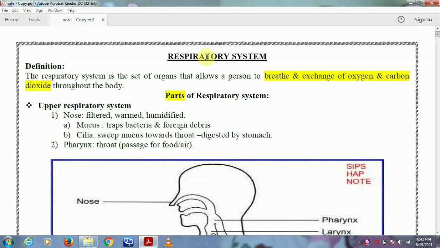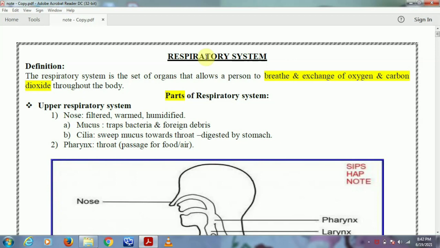A question comes: name the gaseous exchange process. Mainly in the respiratory system, oxygen and carbon dioxide are exchanged throughout the body. So one question comes from the definition part: the exchange process is known as the respiratory system.